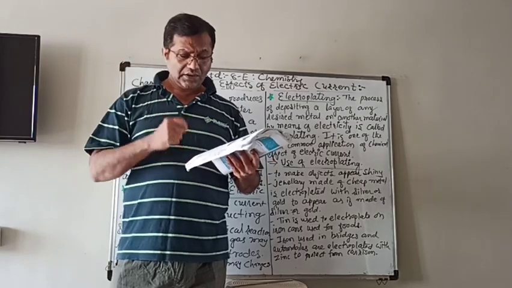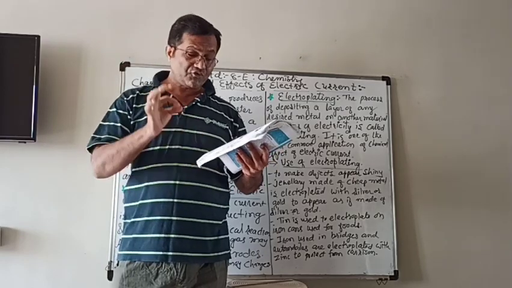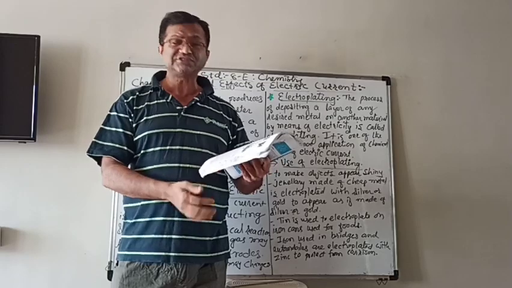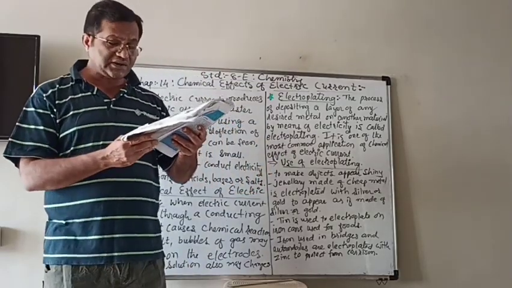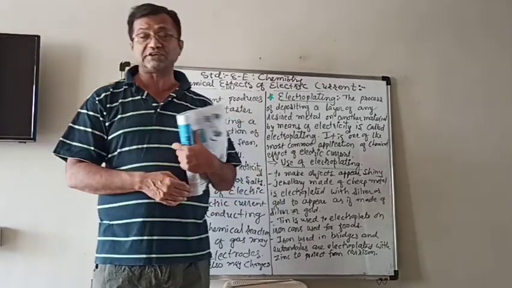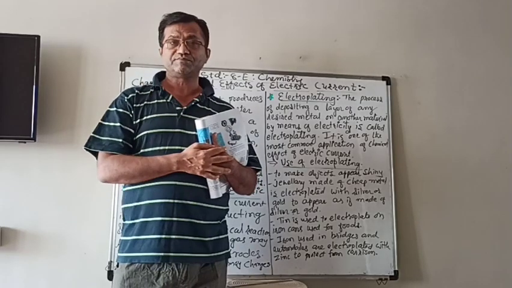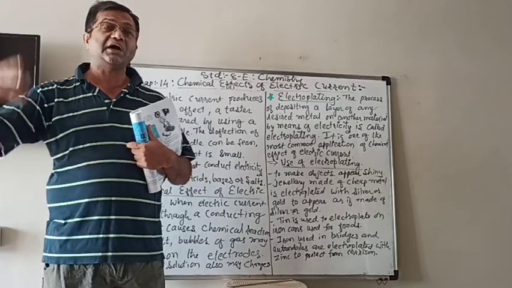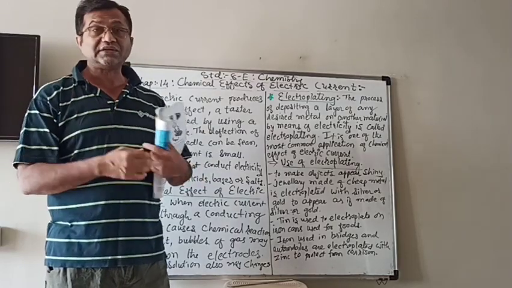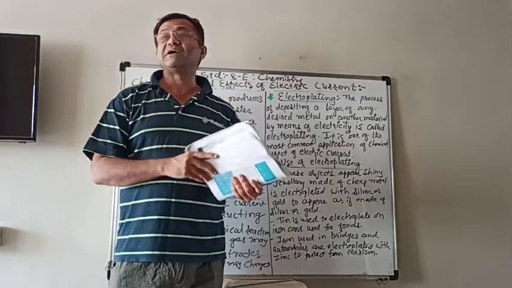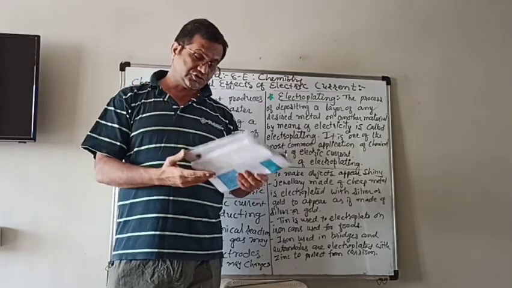But in electroplating factories, the disposal of the used conducting solution is a major concern. When they use that electroplating solution, they dispose of it in the environment, and that is a major problem for pollution.